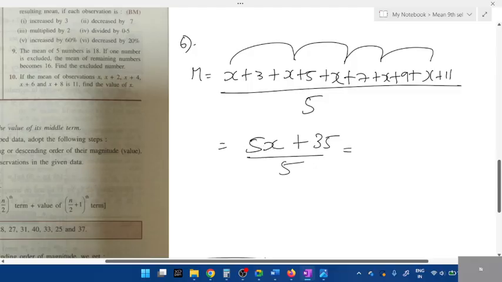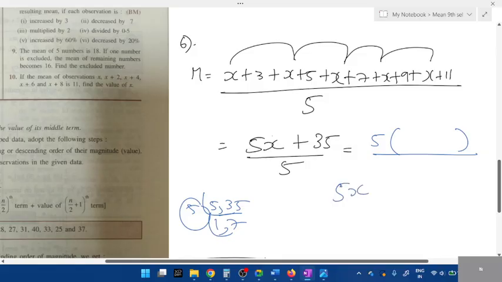Okay, factorize numerator. If you factorize, what is common? Take 5 and 35. 5 ones are 5, 5 sevens are 35. What is common? 5 is common. Stop writing. Look at the screen. Divide it. When you divide, what do you get? See, I'll divide. 5x divided by 5.